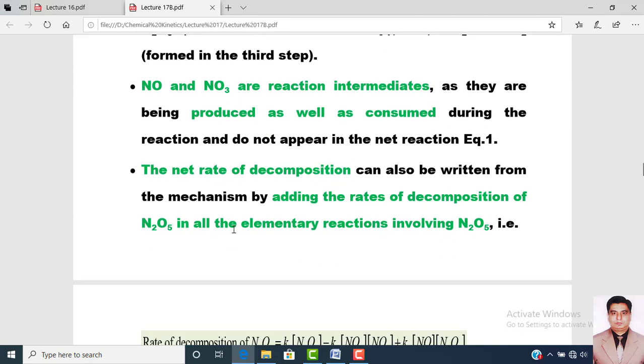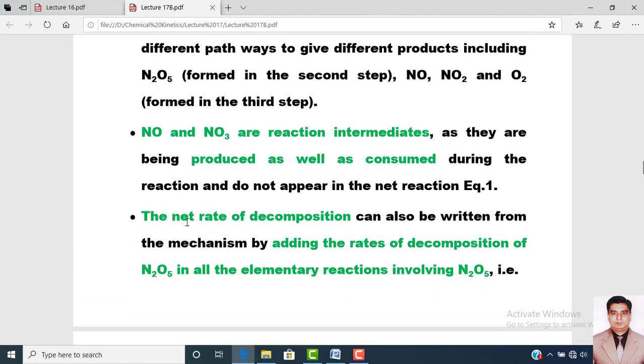Similarly, the net rate of decomposition of N2O5 can be written by adding the rate of decomposition of N2O5 in all the elementary reactions involving N2O5.